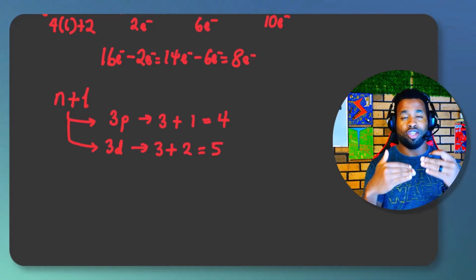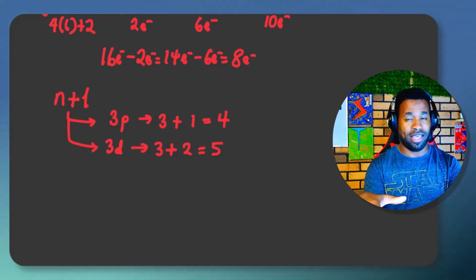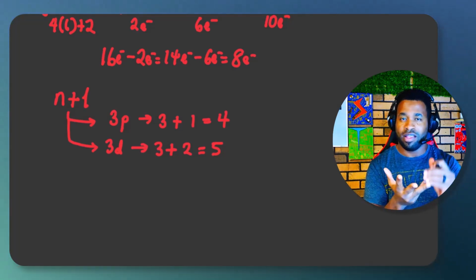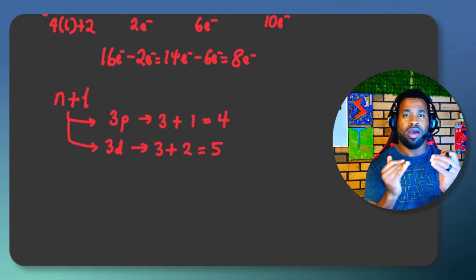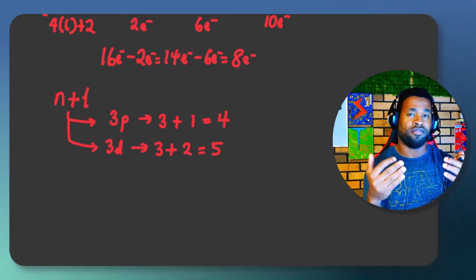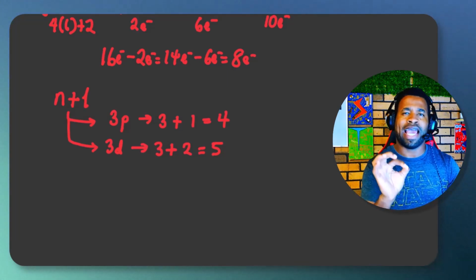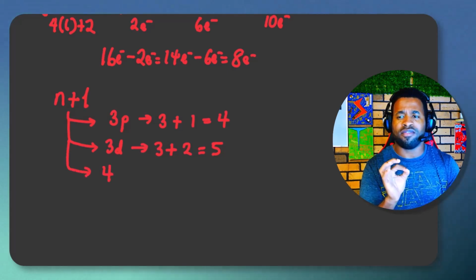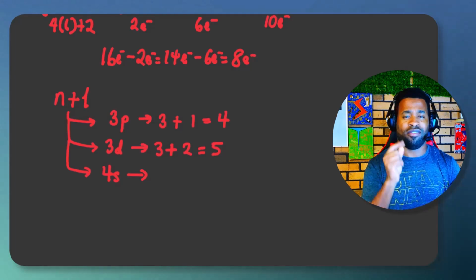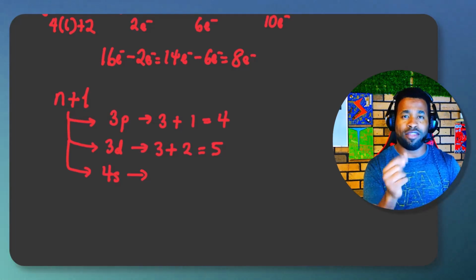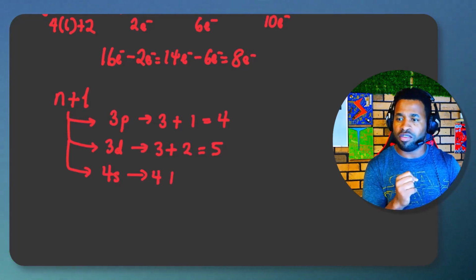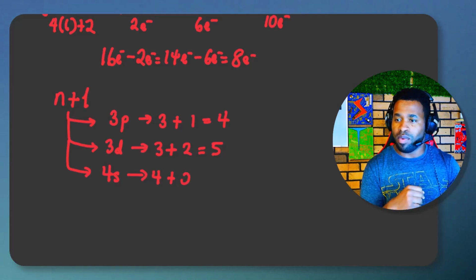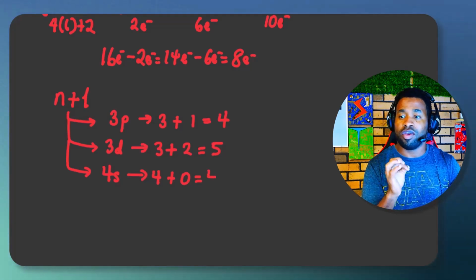Now at the n equals 3 level, that is it for the orbitals: the s, the p, and the d. Now let's look at the next level, which is the 4s, and let's see what the n plus l rule is. This shows something quite fascinating: our n is equal to 4 plus the l for s, which is 0, and this is equal to 4.